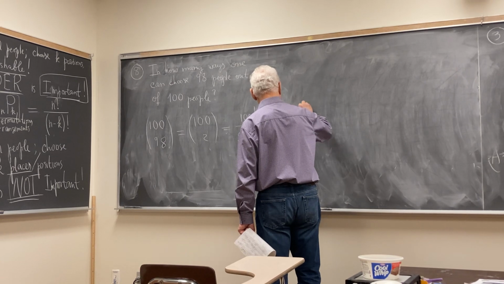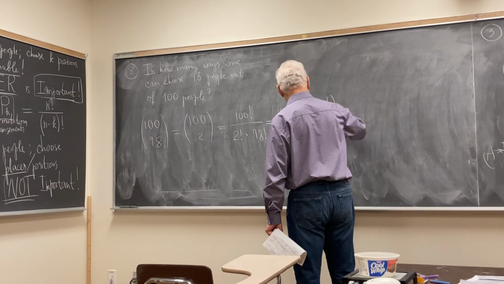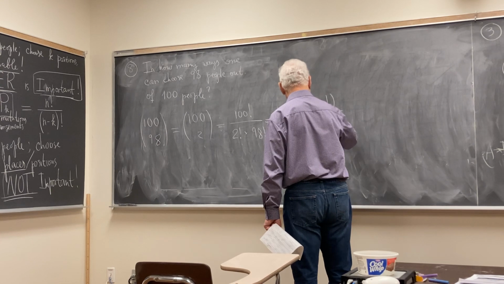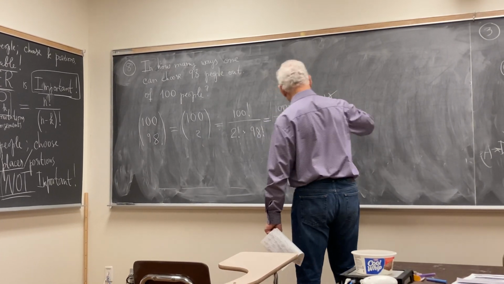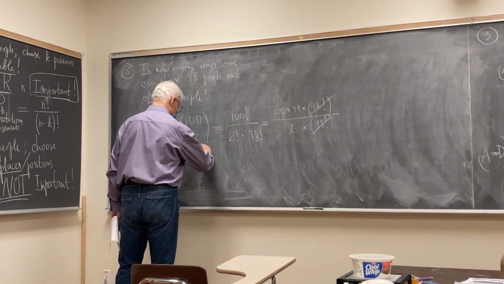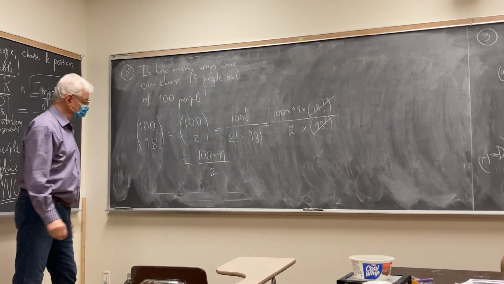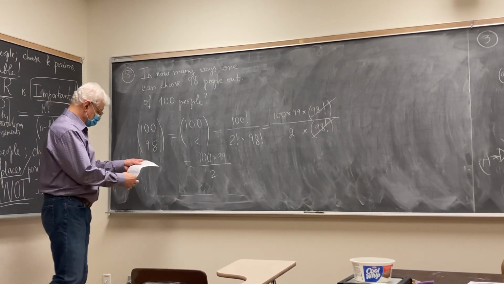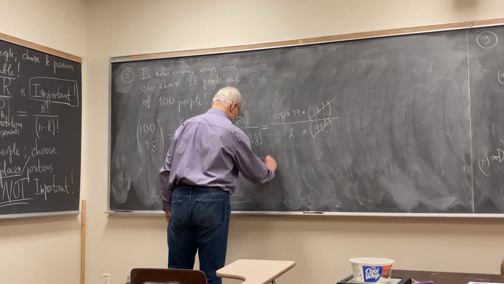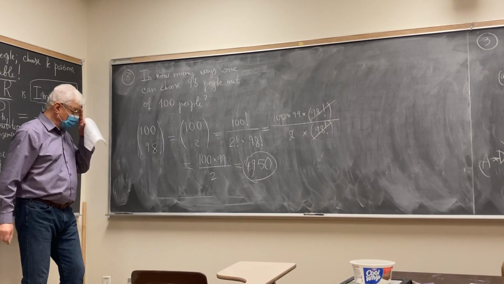It's 100 times 99 times 98 factorial over 2 factorial, which is just 2, and 98 factorial cancels. You get 100 times 99 divided by 2. So the answer is 4,950.